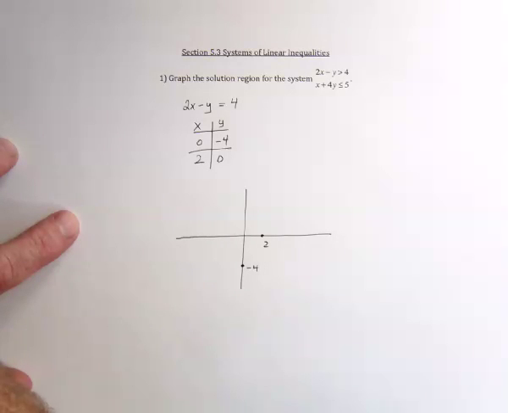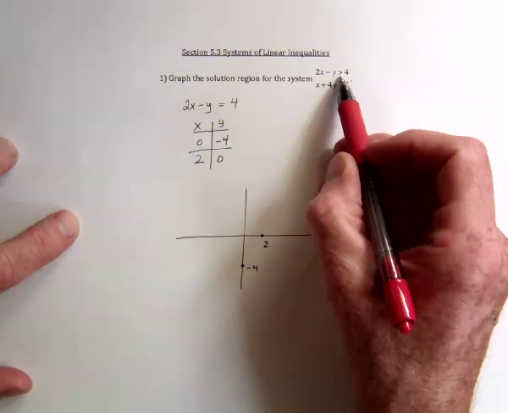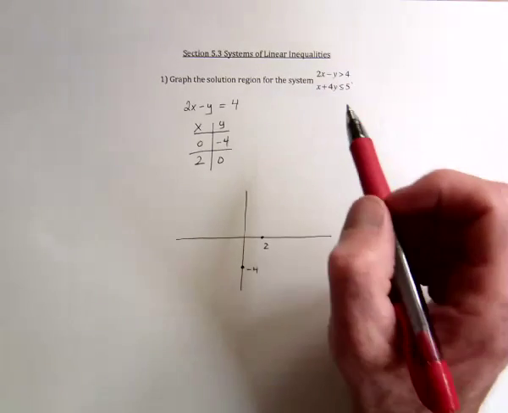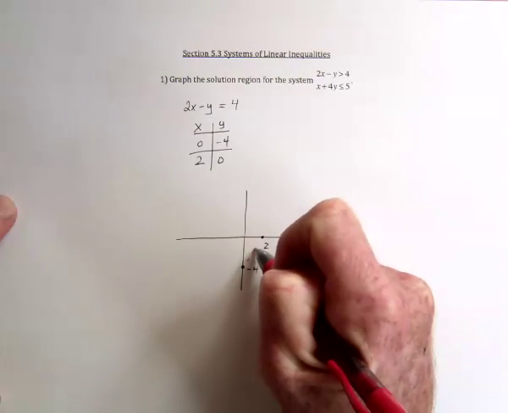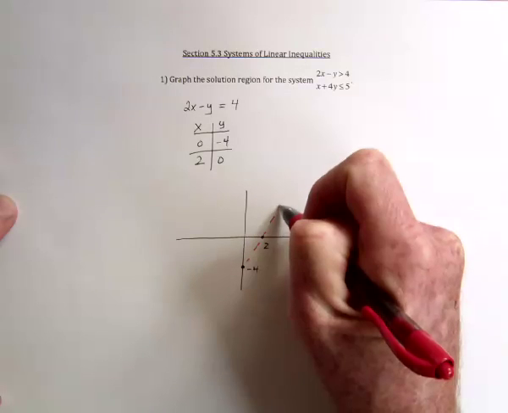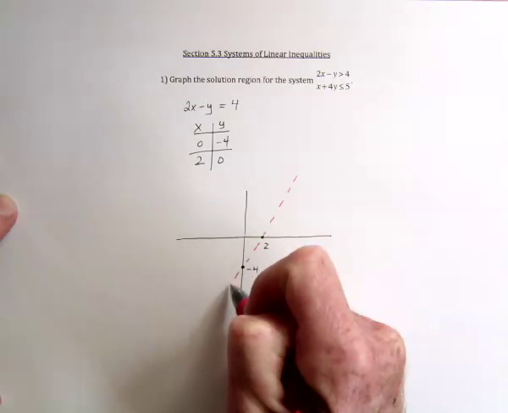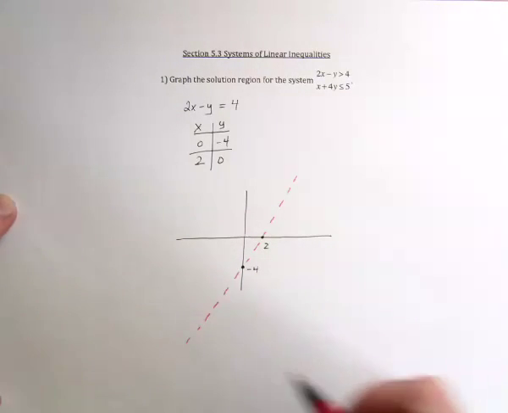And for this line, if there's not an equal sign on the inequality, you use a dotted line. So use a dotted line that will go through these 2 points. And there's part of it.